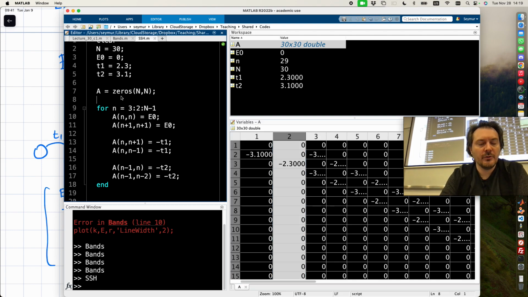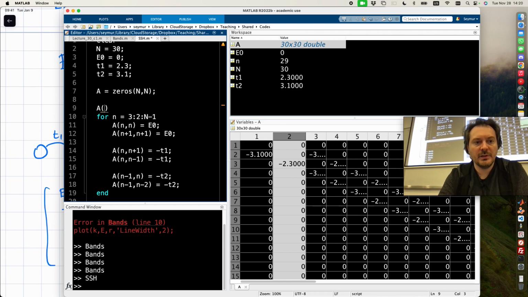So the first row should be 1 and 2 is going to be E0 minus T1, right?